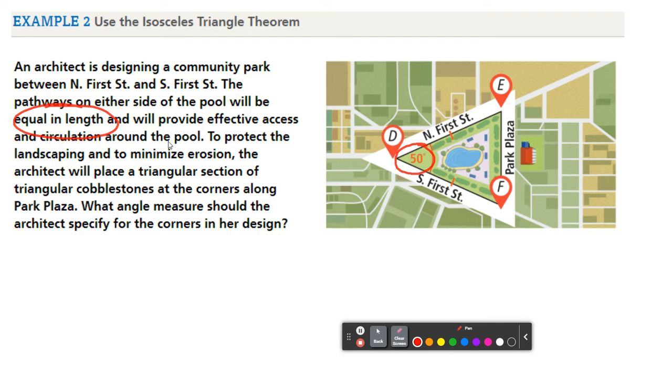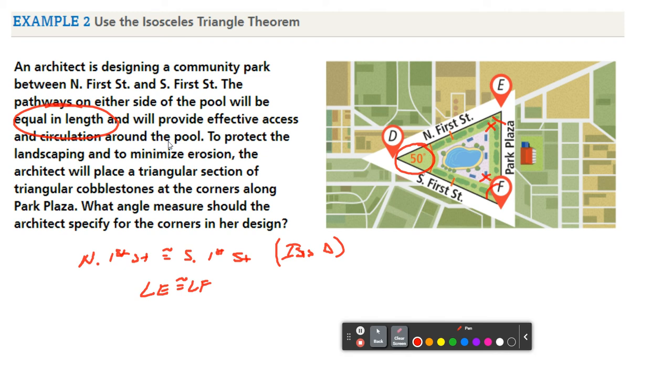So North 1st Street is congruent to South 1st Street, which means that this is an isosceles triangle. And by the isosceles triangle theorem, we know that angle E will be congruent to angle F. So we could call this X and X because they are congruent.